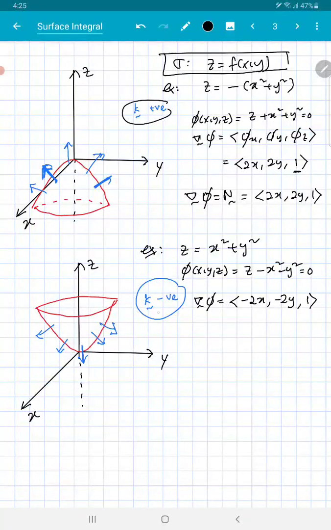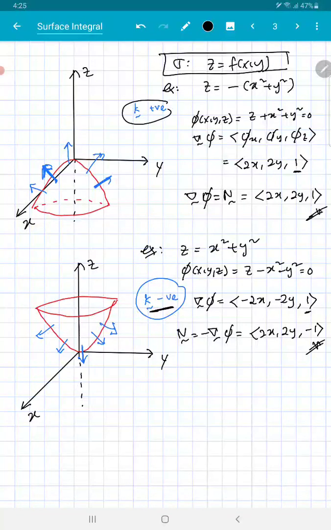But our normal vector should have a negative z component. We want k to be negative, but here k is positive. So our normal vector would be negative del phi, which is 2x i, 2y j minus 1 k. So this is our normal vector.